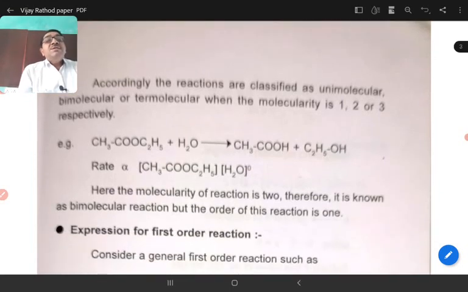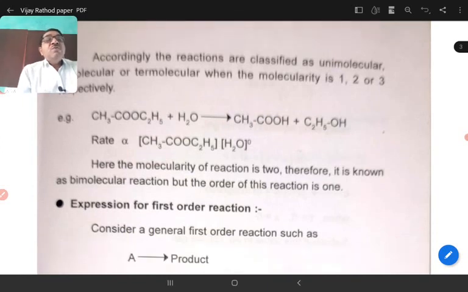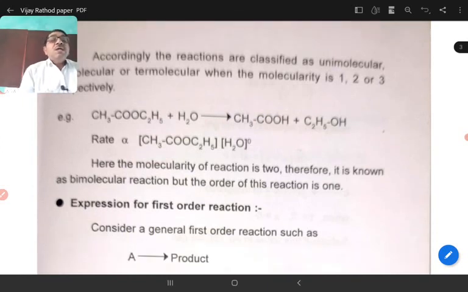Here, in the same example, the rate is directly proportional to the concentration of ethyl acetate and not on the concentration of water. Hence the molecularity of the reaction is 2. Therefore it is known as a bimolecular reaction, but the order of this reaction is just 1.